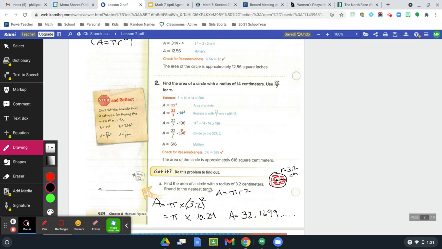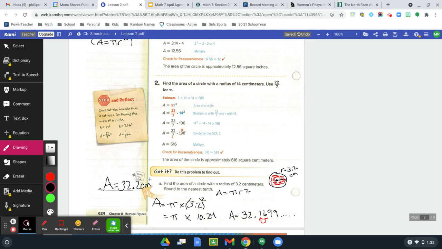We're going to round to the nearest tenth. That's what it's asking us to do in the directions here. So I look at the 6 in the hundredths, and that tells me what to do with the 1 in the tenths. Since there's a 6 there, it's going to round it up. That 6 is going to round that 1 up to a 2. So the final answer, I'm going to write it off to the left: area of that circle equals 32.2, and this is now centimeters.